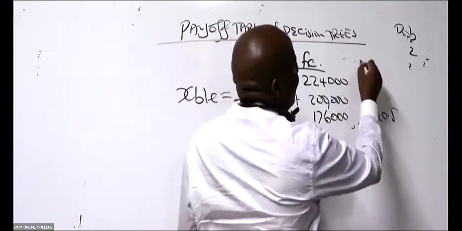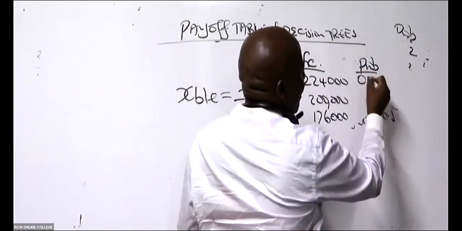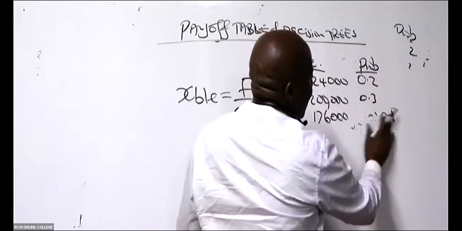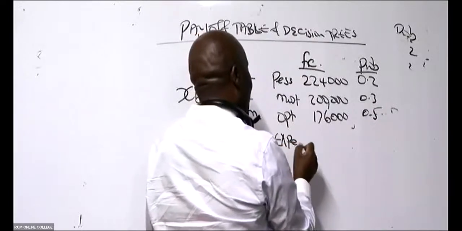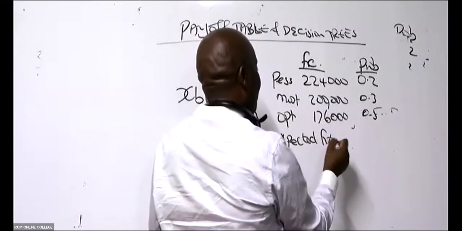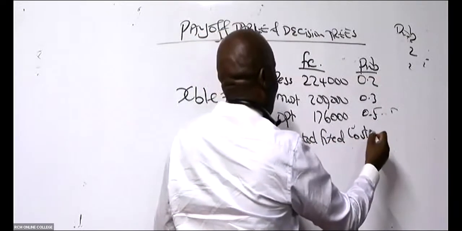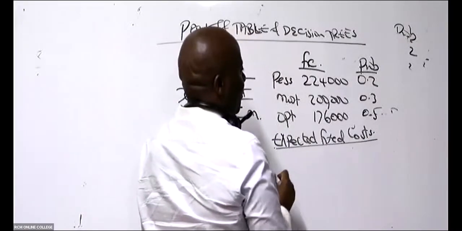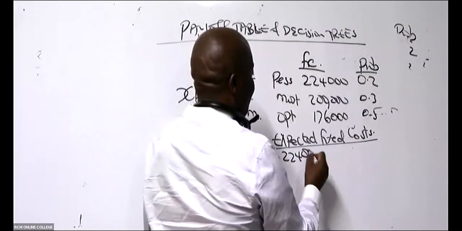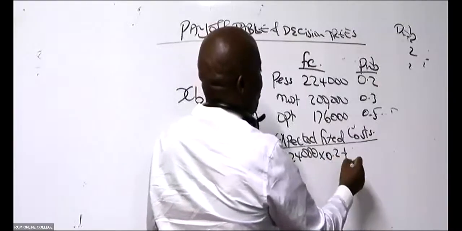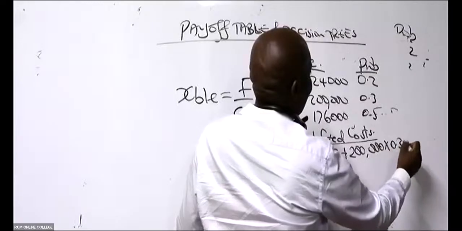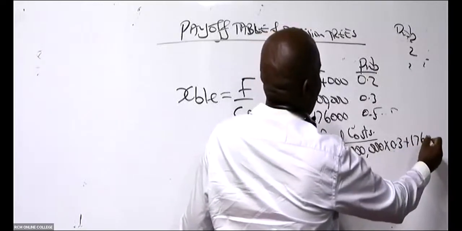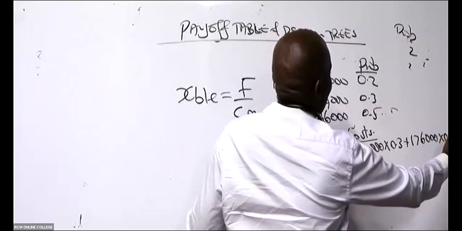But fortunately, we know the probabilities: 0.2, 0.3, and then what here, somebody? So I can easily get what we call expected fixed costs. This will be 224,000 times 0.2 plus 200,000 times 0.3 plus 176,000 times 0.5.